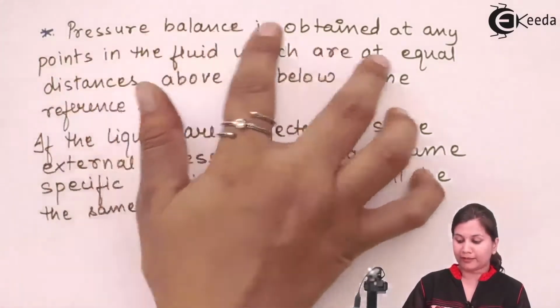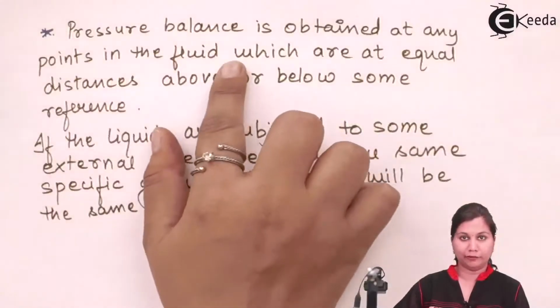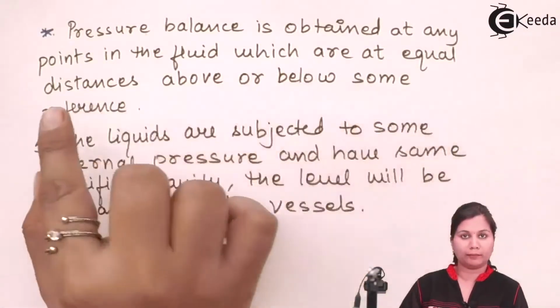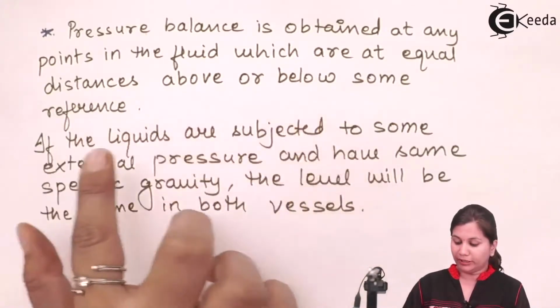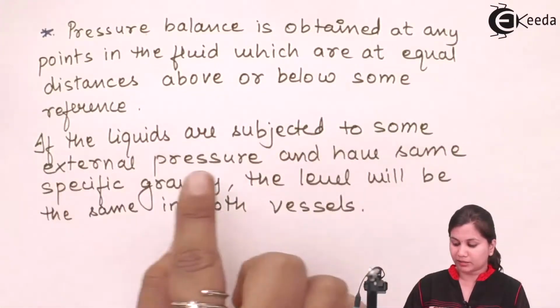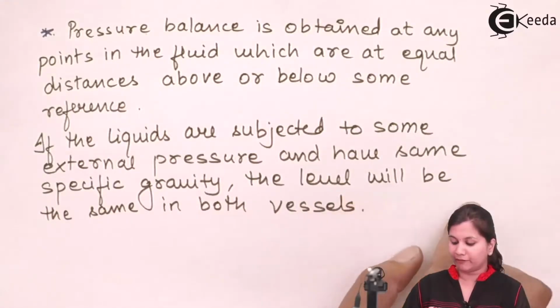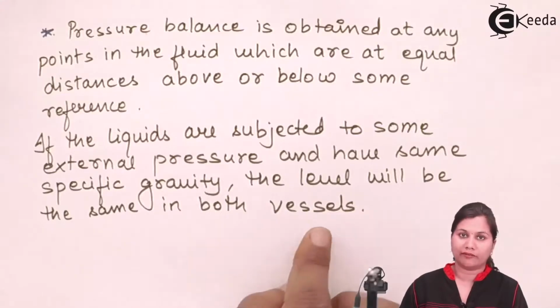So pressure balance is obtained at any points in the fluid which are at equal distances above or below some reference. Now if the liquids are subjected to some external pressure and they have the same specific gravity, the level will be the same in both the vessels.